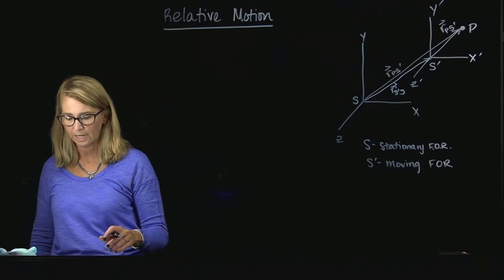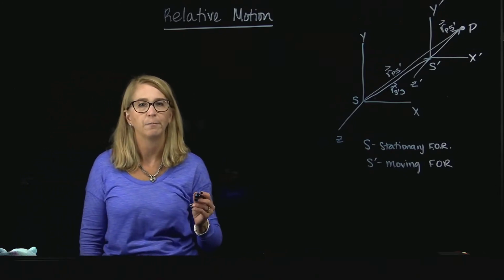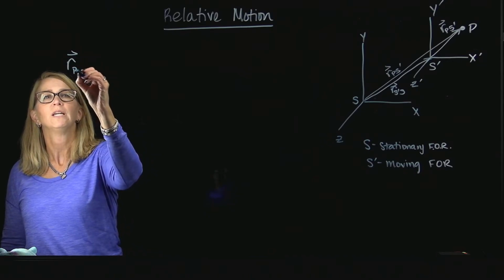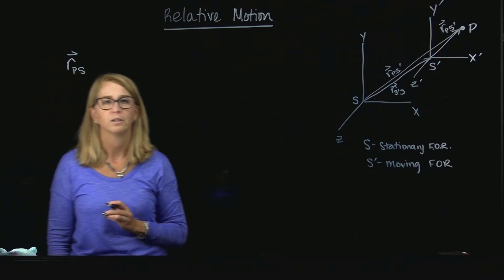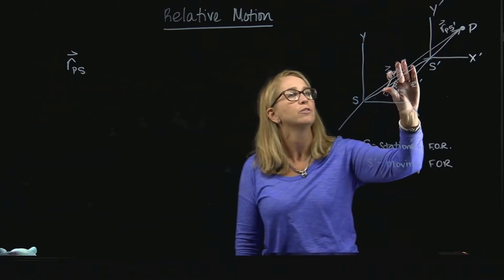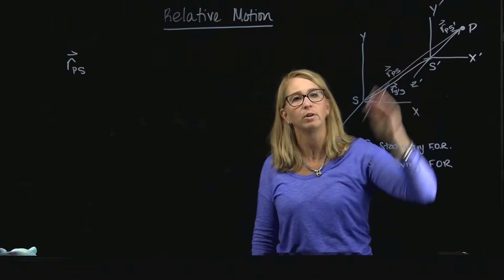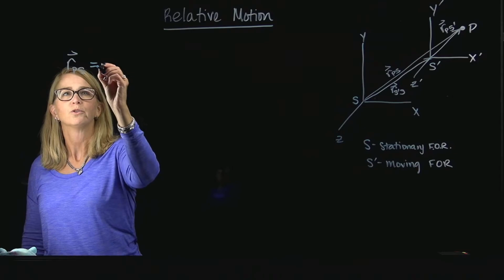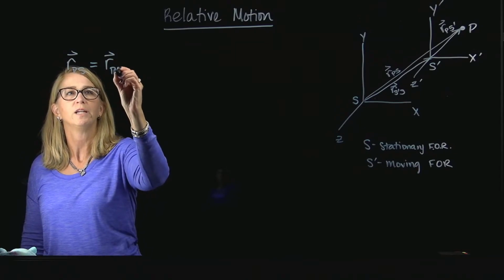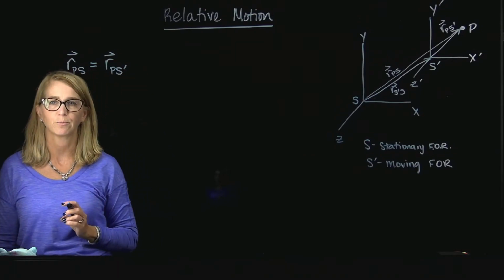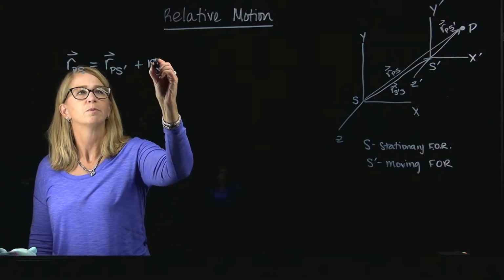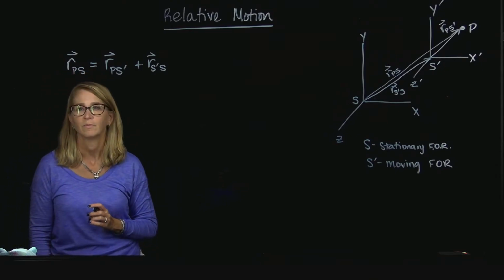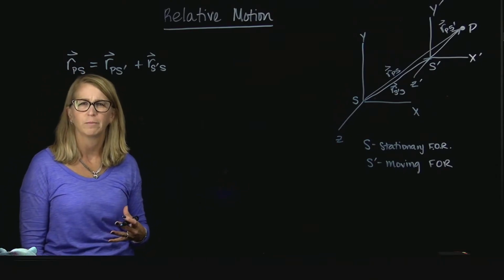But in the end, what we're finding is that the position of point P with respect to the stationary frame of reference, in which I have a prime here, and that doesn't belong there, so let's get rid of that. That was a mistake. It is equal to the position of P with respect to S prime plus the position of S prime with respect to S. And that makes sense if you think about it.